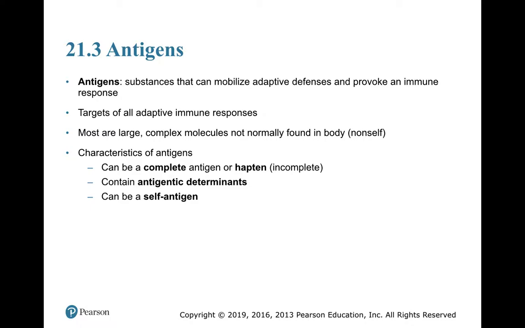So an antigen is going to activate many B cells and T cells. It is possible that antigens can also be self-antigens. We have all kinds of antigens that in someone else would cause an immune response. In us, they do not, because we recognize them as our own antigens.